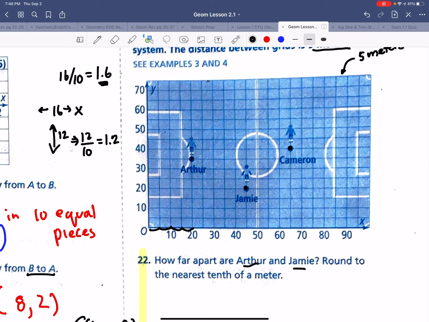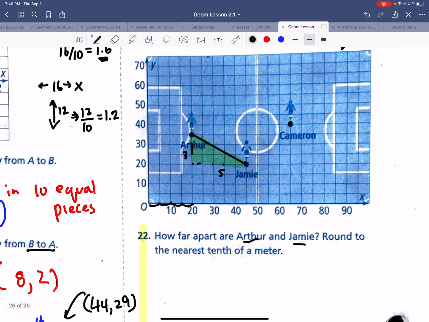So we're going to draw a straight line between Arthur and Jamie. And we're going to use Katrina's formula to figure out their distances, right? To figure out their distance, we see that there is a Pythagorean right triangle here. We notice this is 3 and this is 5.